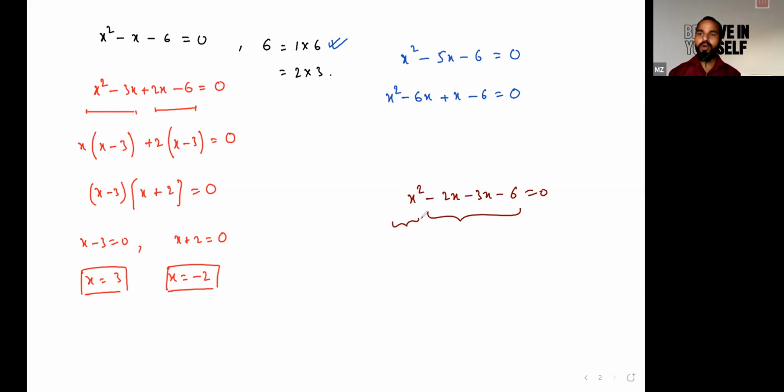How can we take common and take pairs of the terms? We can't define it, so it won't be possible. Umar, check your calculation.